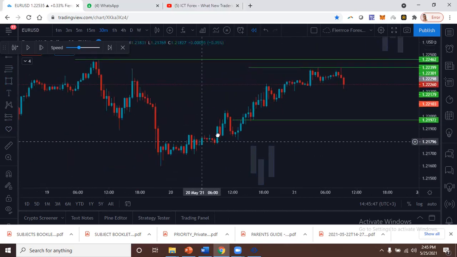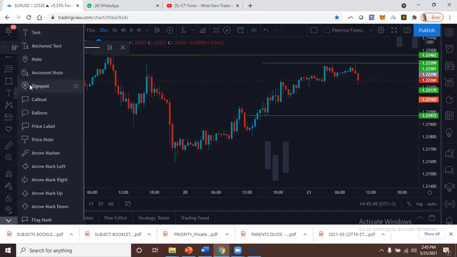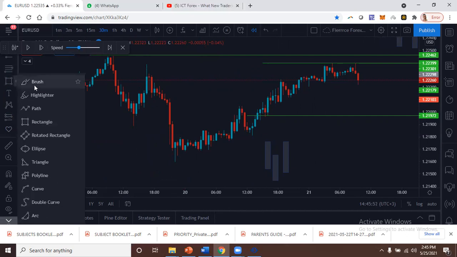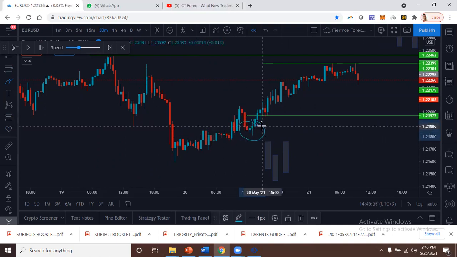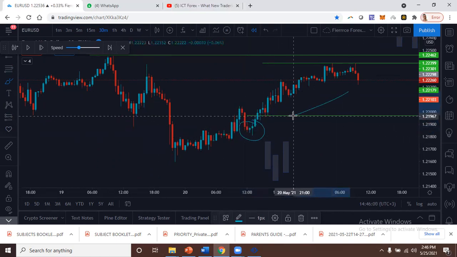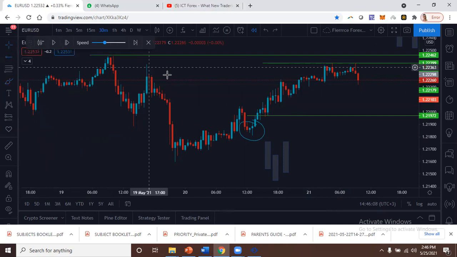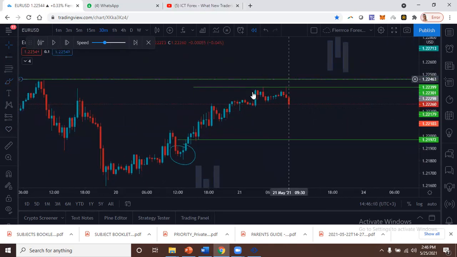So if you look closely at where I was plotting my swing low, this is the candle below, and then there are two candles above it. And if I was plotting the swing high, I would be like, this is the swing high candle.